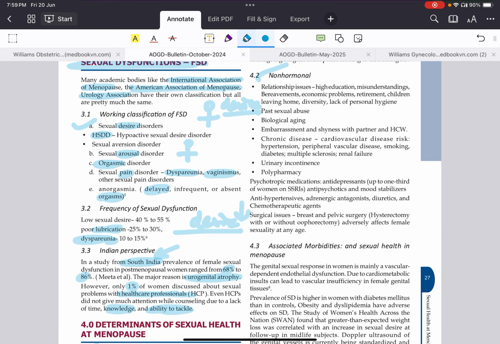I clearly told how to remember this. First, they lose desire. The desire is lost. Then, if there is desire also, there is no arousal, orgasm problems. If they are all adjusting and doing also, there are sexual pain problems. You can write this. That's it. Thank you.